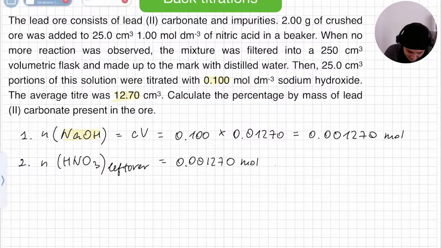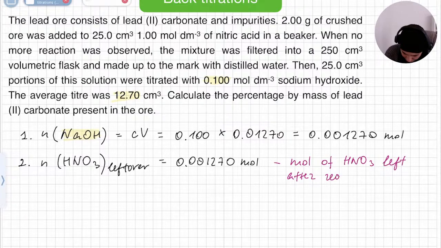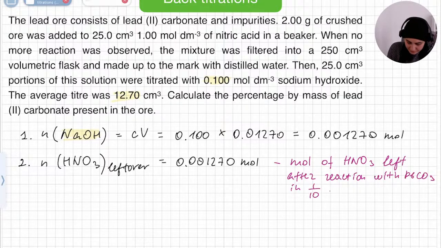So this is moles of HNO3 left after reaction with PbCO3 in 1/10 of the initial volume.